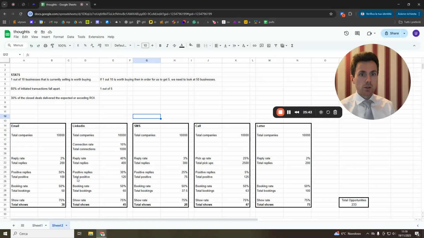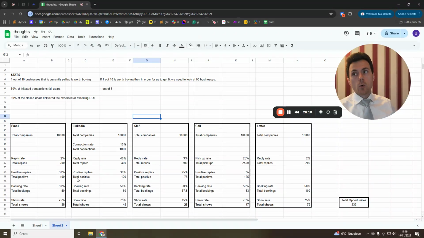Maybe they closed one deal, they got a lucky break, or the deal coincidentally was very good, and therefore they ended up closing the first transaction they had in their hands, and they ultimately feel that that's going to be the case for the second and the third and the fourth. Well, in reality, that's not the case. They might have got lucky for whatever reason, or that might just be a coincidence.